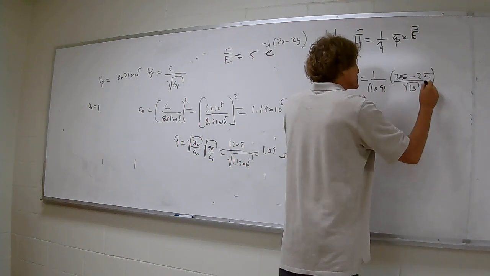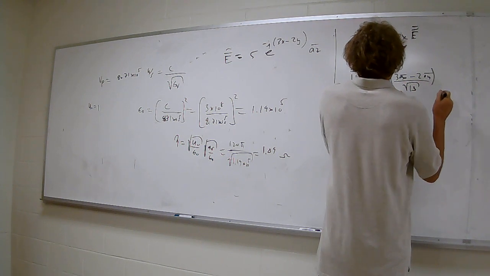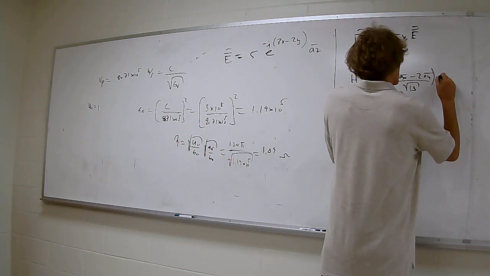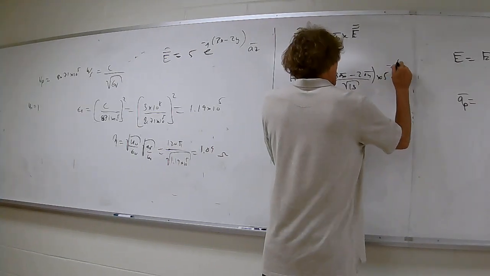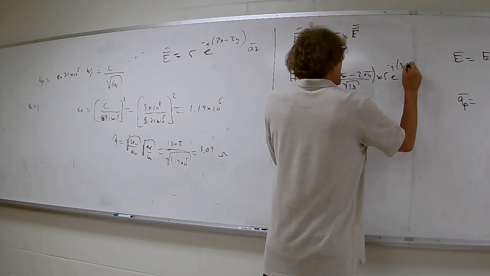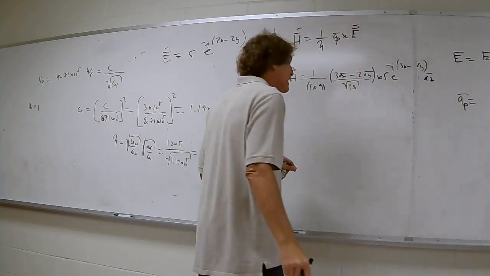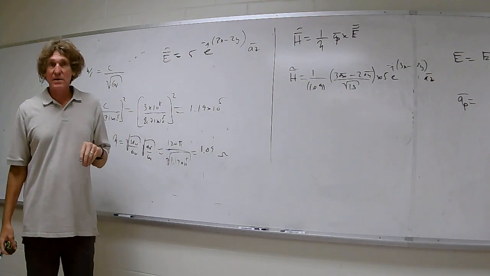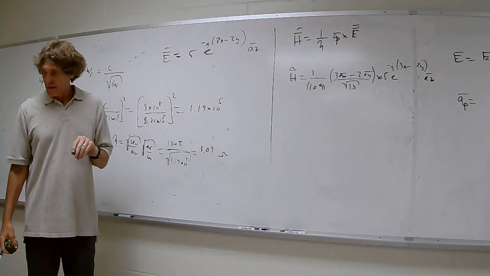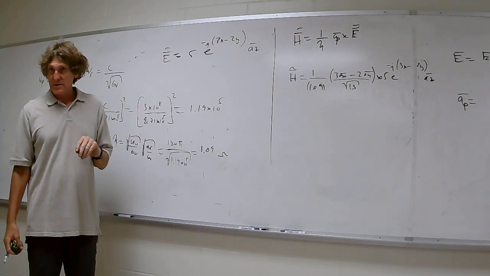We'll do it this way. We've got to take that and cross it into the E field, which is 5 e to the minus j (3x minus 2y), but it's in the AZ direction. Again, take a moment. Do you all agree with this? The only thing I'm doing is rewriting the obvious. Got it, Hayden?